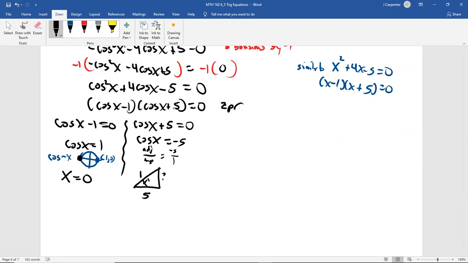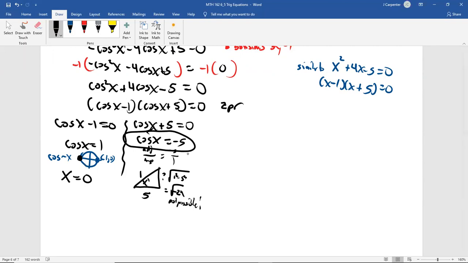If you did this, it would end up being the square root of 1 squared minus 5 squared, which is the square root of negative 24, which is not possible. What that means is, it is not possible for the cosine of x to be equal to negative 5.